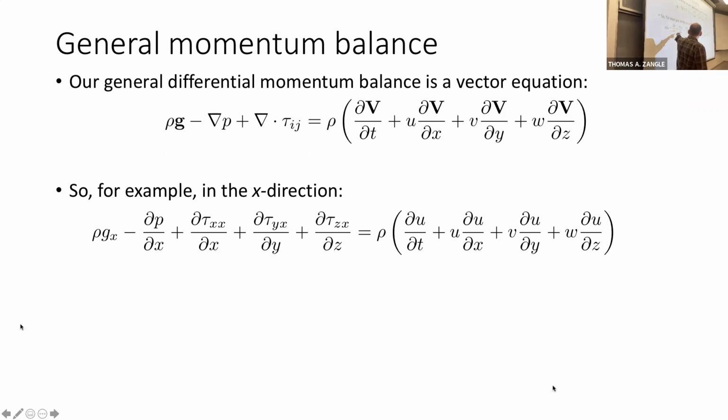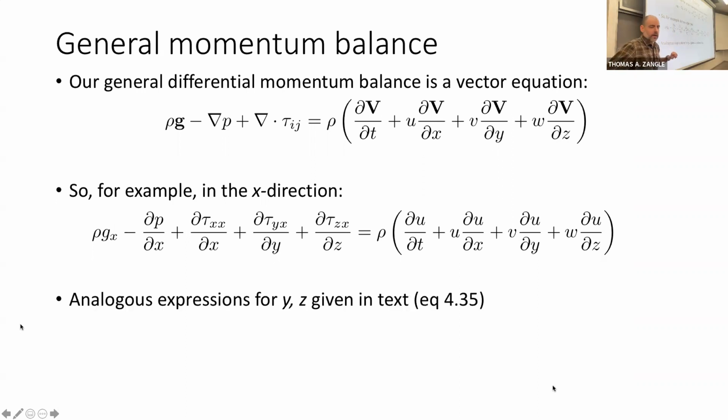Minus dp dx, plus these components of the stress tensor, d tau xx dx plus d tau yx dy plus d tau zx dz, is equal to rho times the total derivative of the x velocity with respect to time. And you can see there are analogous expressions for y and z given in your text, equation 4.35.